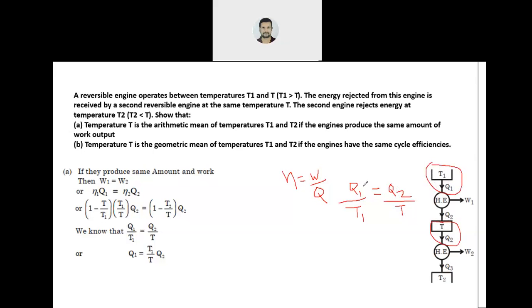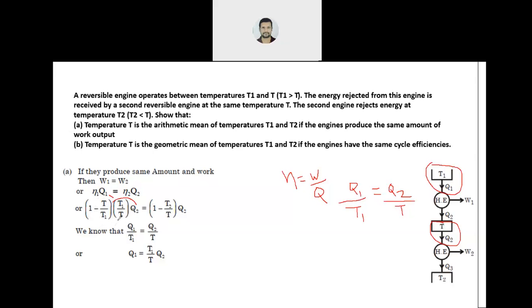Now from here you will get Q1 is how much? Q1 is T1 by T into Q2. Same thing we have kept here. And this is already there.